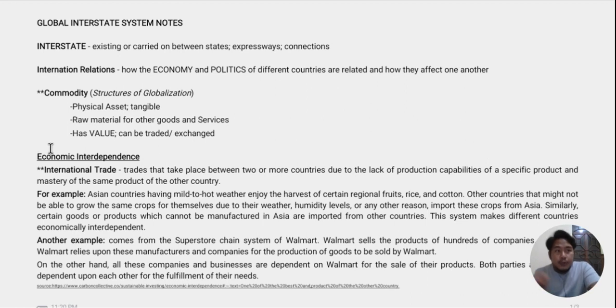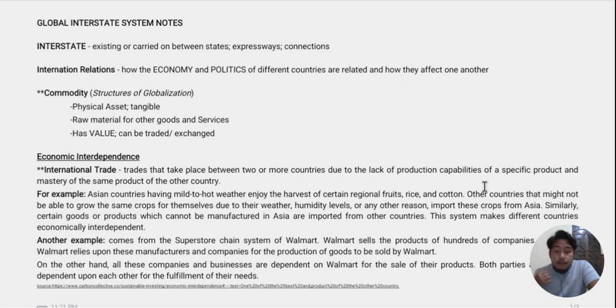Another good example of economic interdependence comes from the superstore chain system. Now, on my notes here, Walmart was used as an example. However, you can also apply the concept of superstore chain system with stores like SM, Robinson. So basically, what happens there is that these superstore chains sell the products of hundreds of companies.